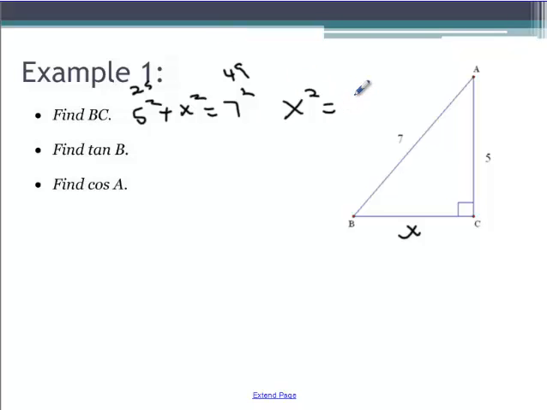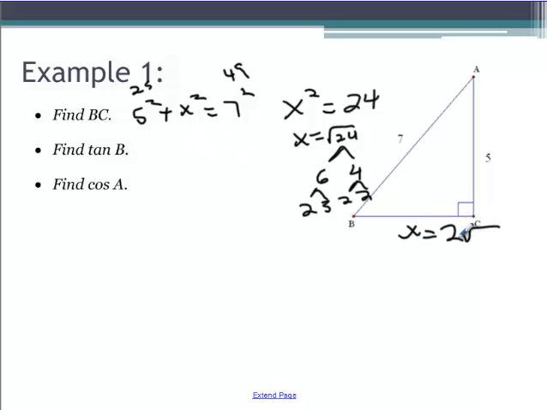I get 24. So x is the square root of 24. Don't forget to make that factor tree. You have a pair of 2's, and you have a 2 and a 3 left uncircled, so 2 square root of 6. So that side is 2 square root of 6.